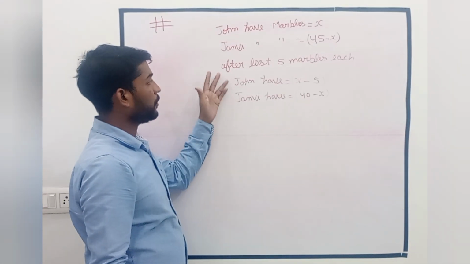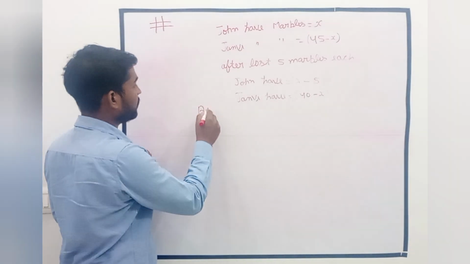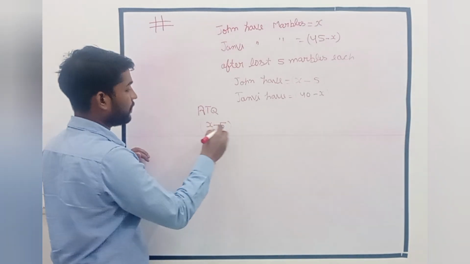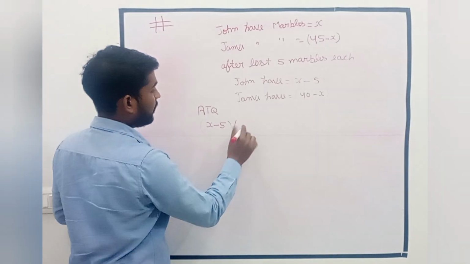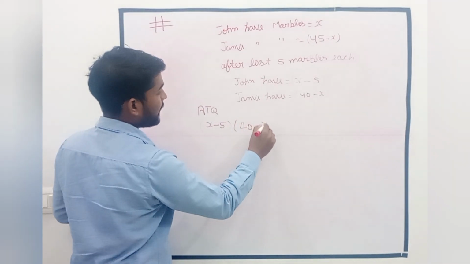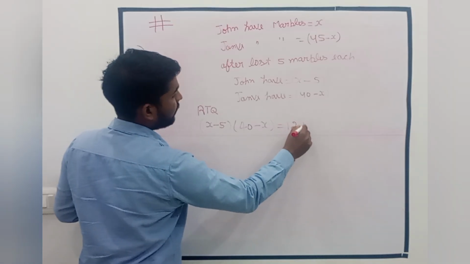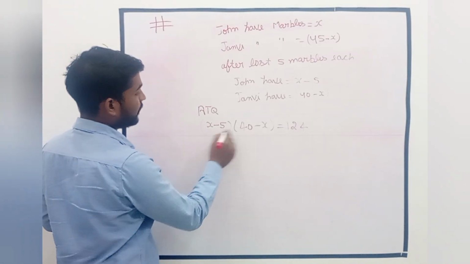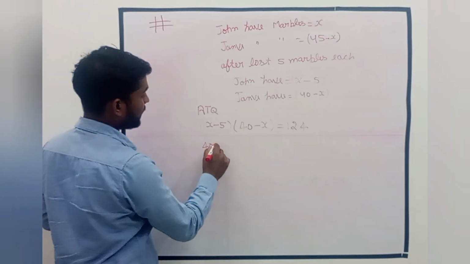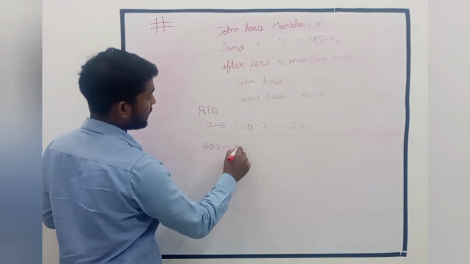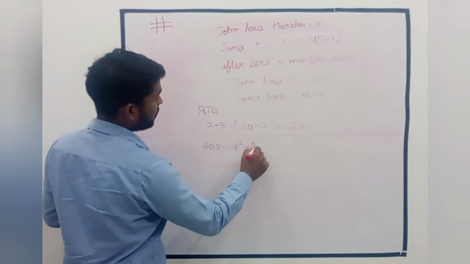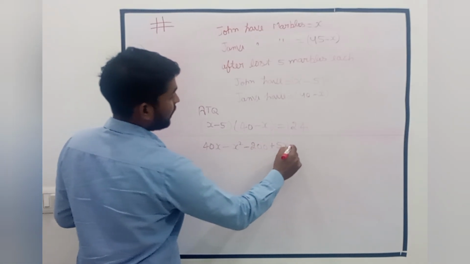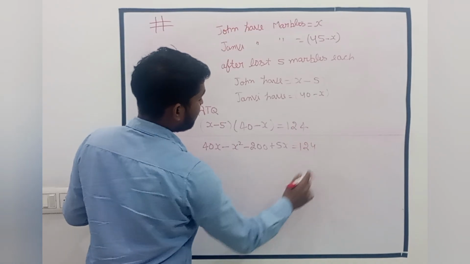Now they have the product of these according to the question: x minus 5 and 40 minus x is 124, and then we will do the product of these two expressions. This is 40x, this is minus x square, this is minus 200, and this is plus 5x, and this will become equal to 124.